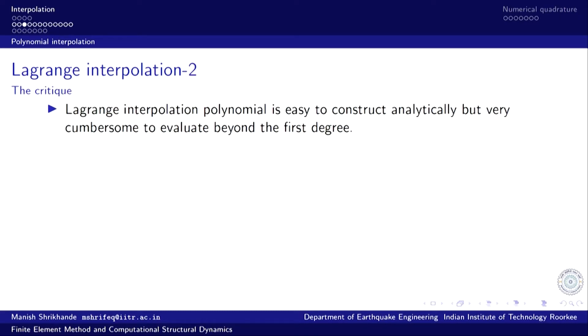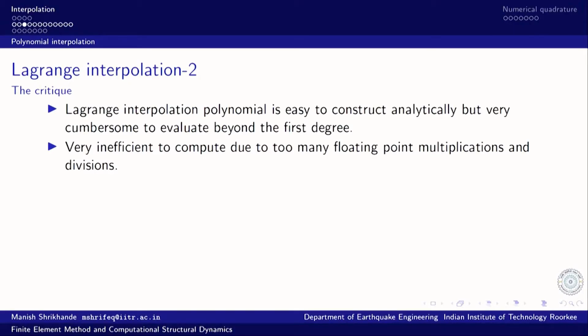Now, Lagrange interpolation, as I said, is very easy to construct analytically, but it is very cumbersome to evaluate beyond the first degree. As you can see, it is constructed by accumulating the products of each term. So, nth degree polynomial will require n number of evaluations, and then of course, the normalization, that is division as well.